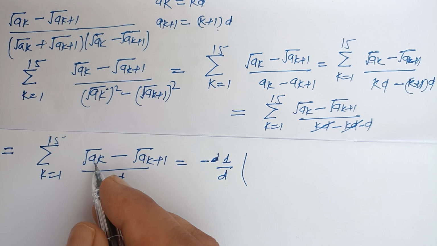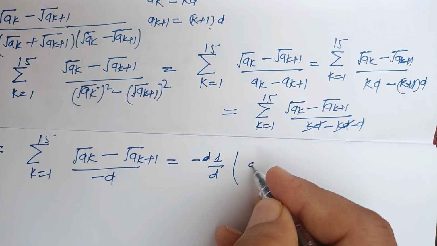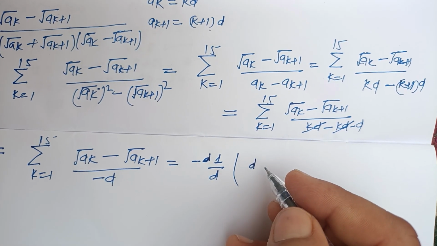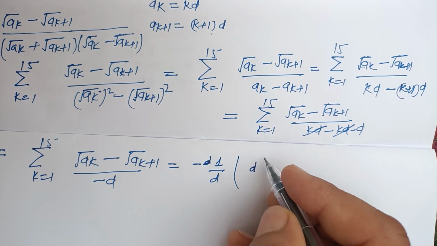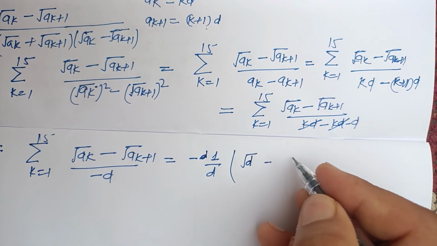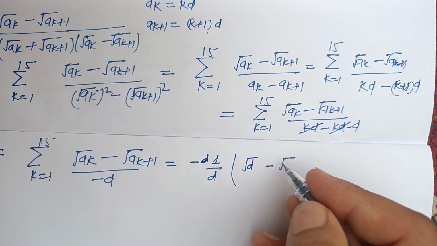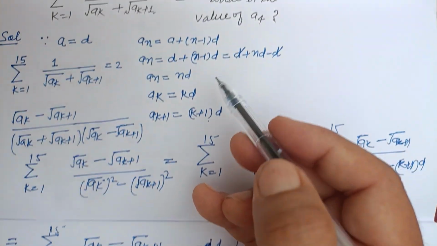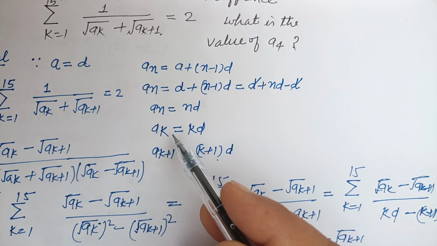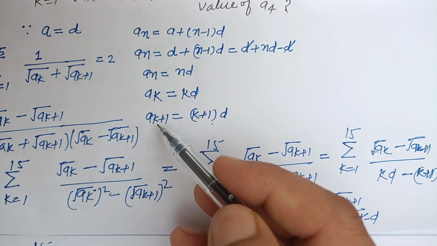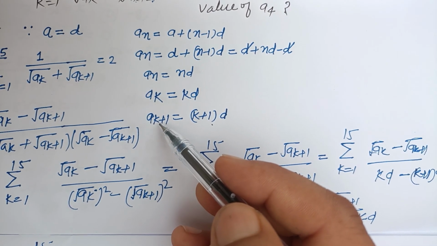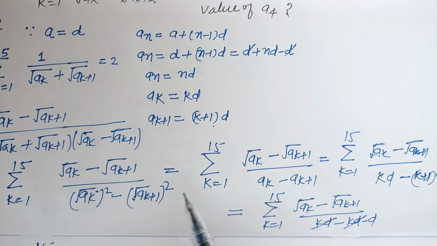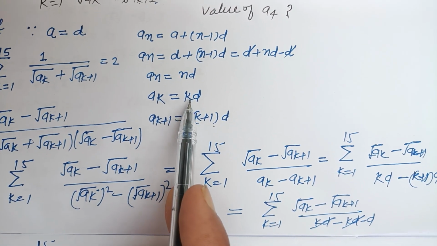When we put k equal to 1, this is root d minus root 2d.